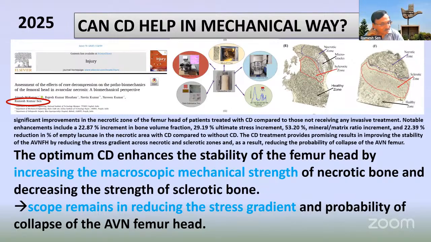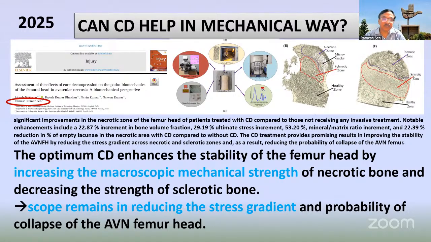And this year, while thinking more about how to make core decompression an effective thing, we have just published in the Journal of Injury, understanding that BMAC is likely to be useful. But if we have to reduce the chances of collapse, which is the aim in any femur head, we can look at the mechanical way also. Here, what we did was drill small holes at multiple sites and weaken the underlying hard bone.